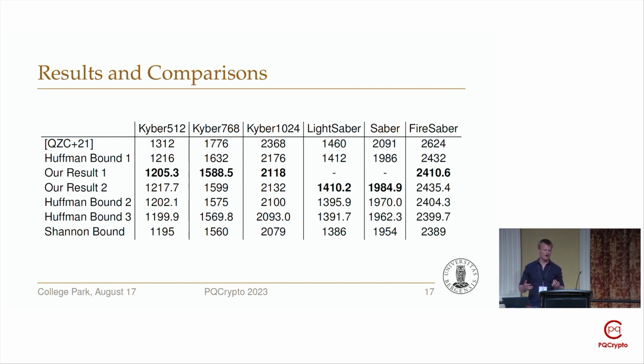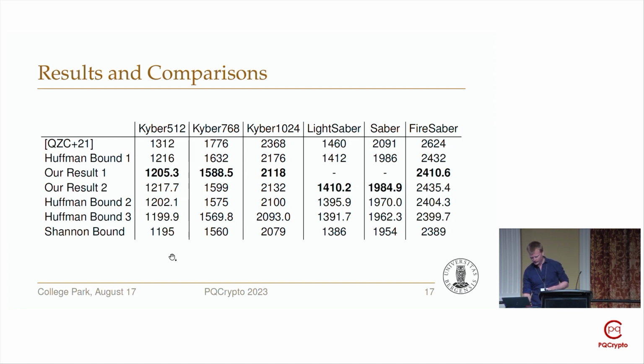And I call it the Huffman bound because it's connected to Huffman coding. So they showed that this is the best you could do with this type of attack, but the underlying assumption there was that you would do a mismatch attack targeting one position at a time. So we worked outside of this model and targeted multiple positions at a time, which meant that we could constructively beat the Huffman bound in all versions of Kyber and all versions of Saber.